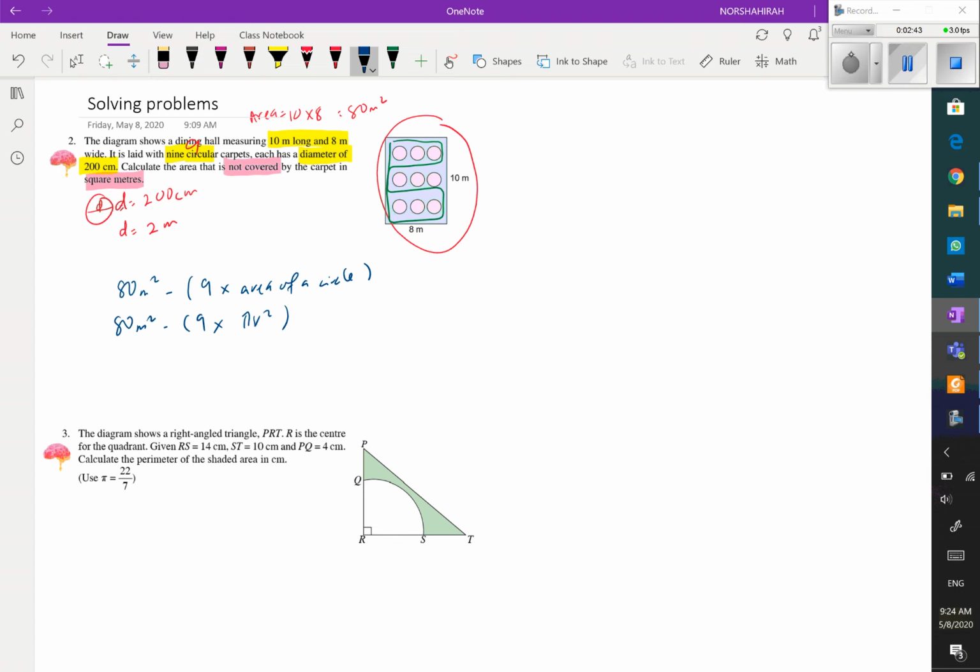Since question does not mention nilai pi apa yang awak kena guna, 22/7 ke, 3.142 ke, ataupun pi direct daripada kalkulator, so nak selamat kita guna 22/7 multiply by r kita apa? Since your d is 2 meter, r adalah d/2, so 2/2 sama dengan 1 meter. So 1 square.